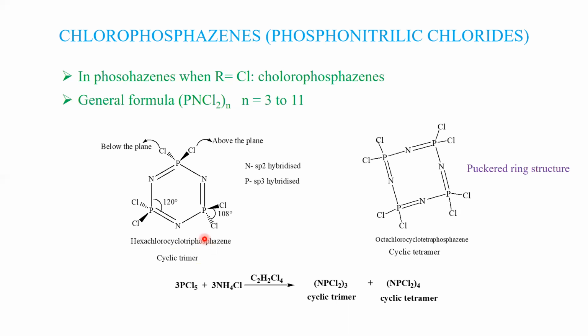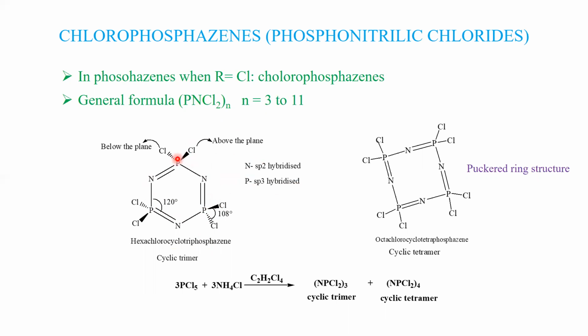In this, the NPN bond angle is about 120° and the Cl-P-Cl bond angle is 108°. All nitrogens are in the sp2 hybridized state and phosphorus atoms are in the sp3 hybridized state.